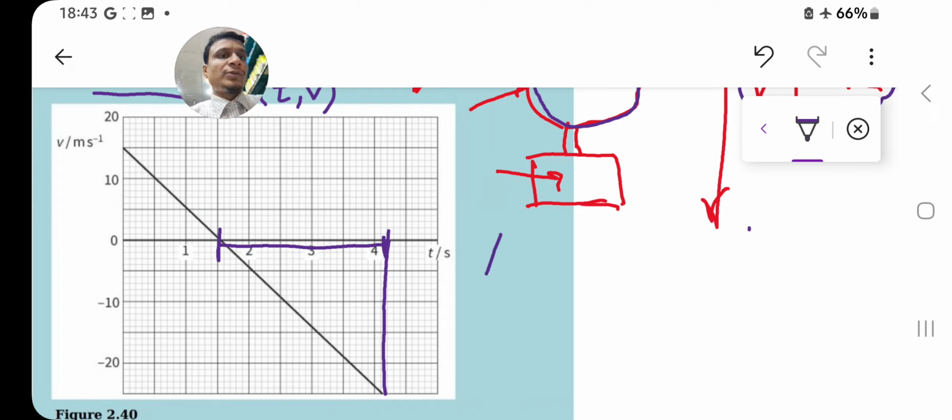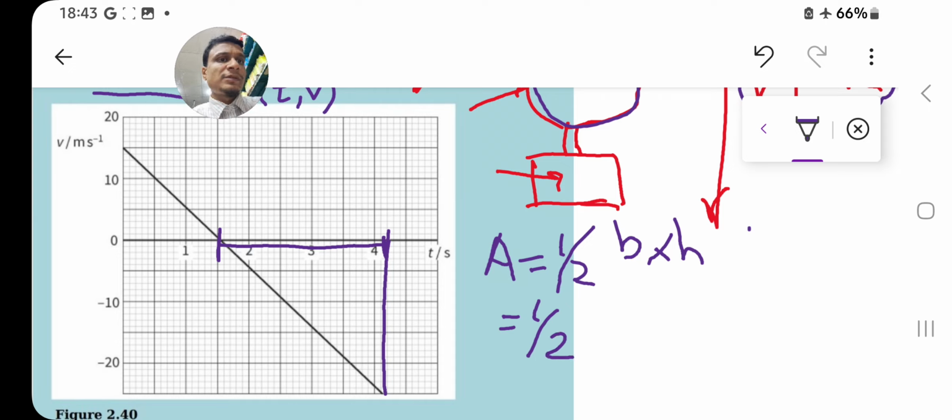The area of a triangle is again half times base times height. The base is what? This is 1.6 and this is 4.1, so we need the length between these: 4.1 minus 1.6, multiplied by the height.